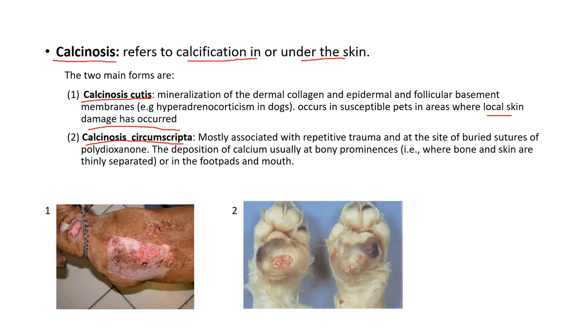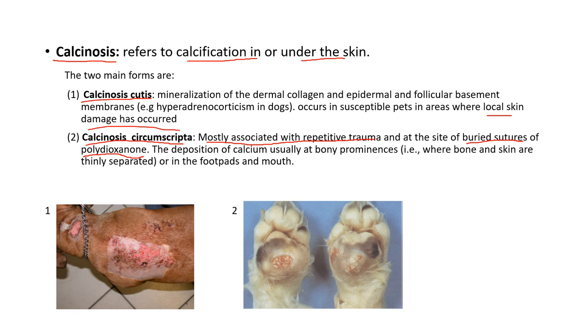Calcinosis circumscripta is mostly associated with repetitive trauma. For example, at the site of buried sutures of polydioxanone, sutures that got inserted into the tissue and for certain reasons you didn't remove, and they remained at that site. This suture would cause repetitive trauma at that site and lead to necrosis in that area and then calcification later.